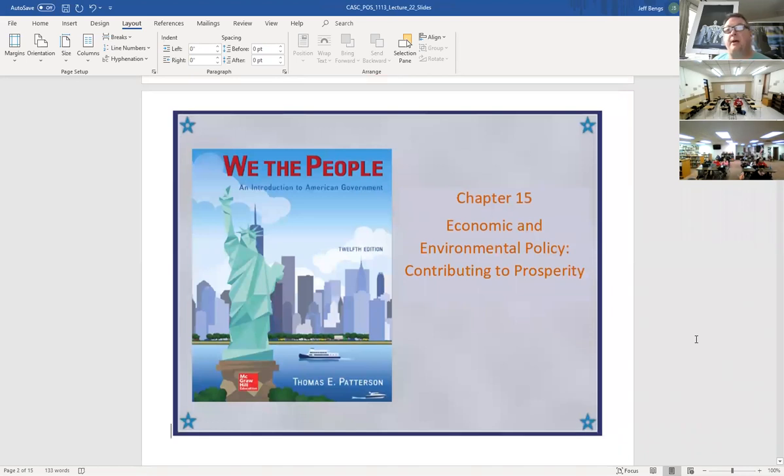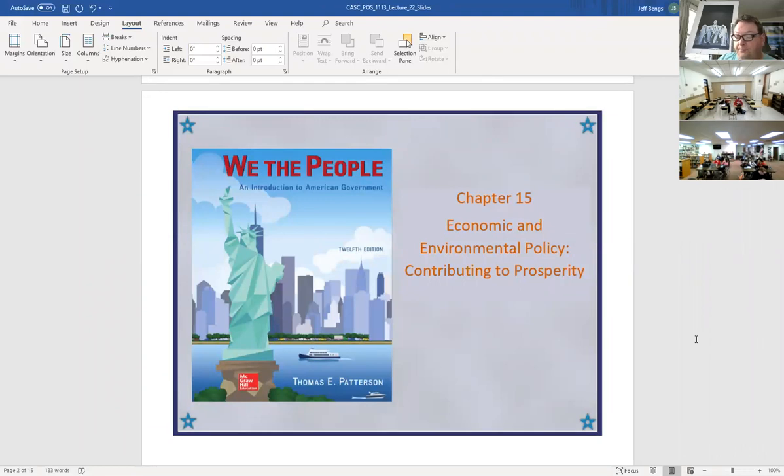Chapter 15 is about economic and environmental policy. That is the government's part in economic policy as well as in our environmental policy, and how that contributes to our prosperity.